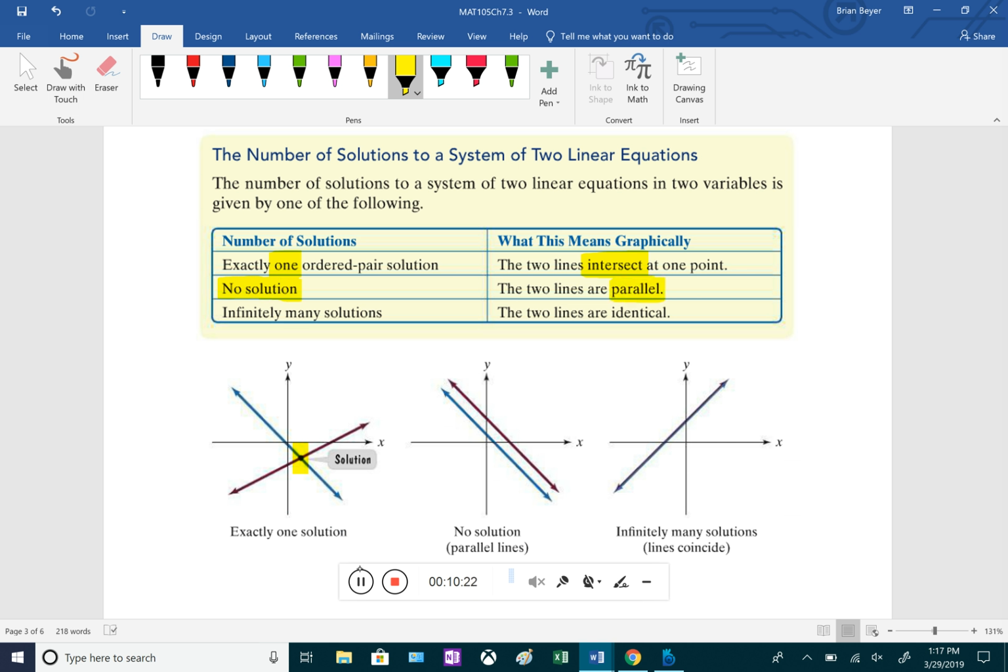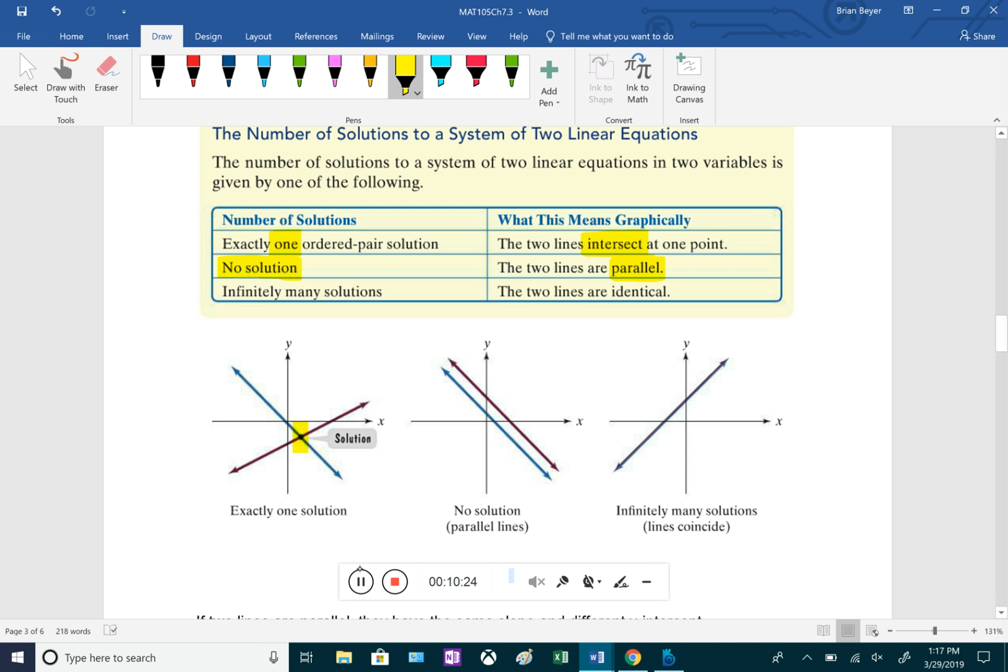So that's going to be the middle graph down here where they're parallel. If they have infinitely many solutions, that means they're actually the same exact line. So you can see down here, infinitely many solutions, they're both lines right on top of each other. They're actually the same exact equation.